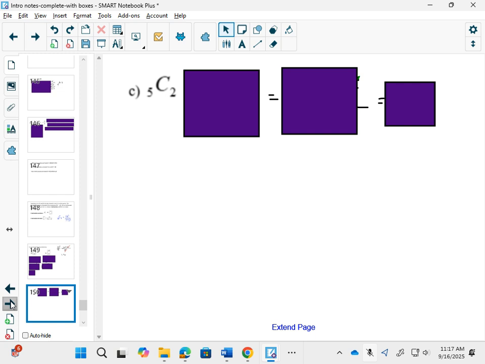Try 5 choose 2. Mental math on your own. Don't look up until you have an answer.